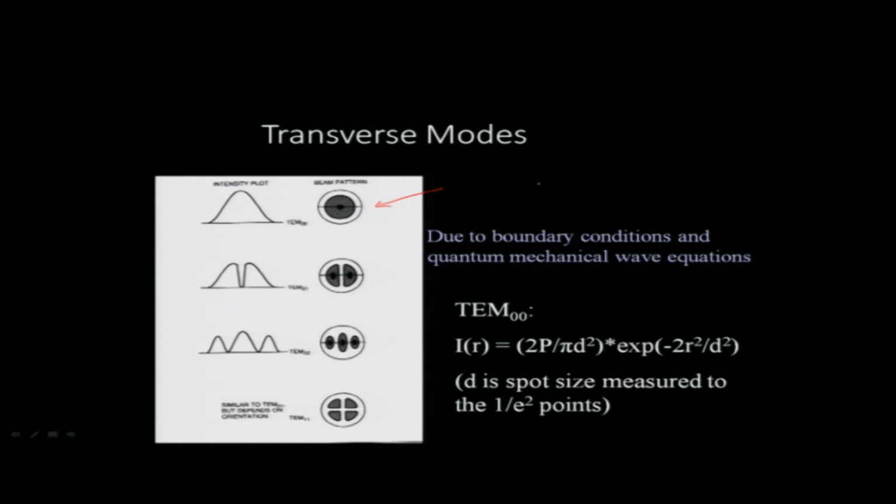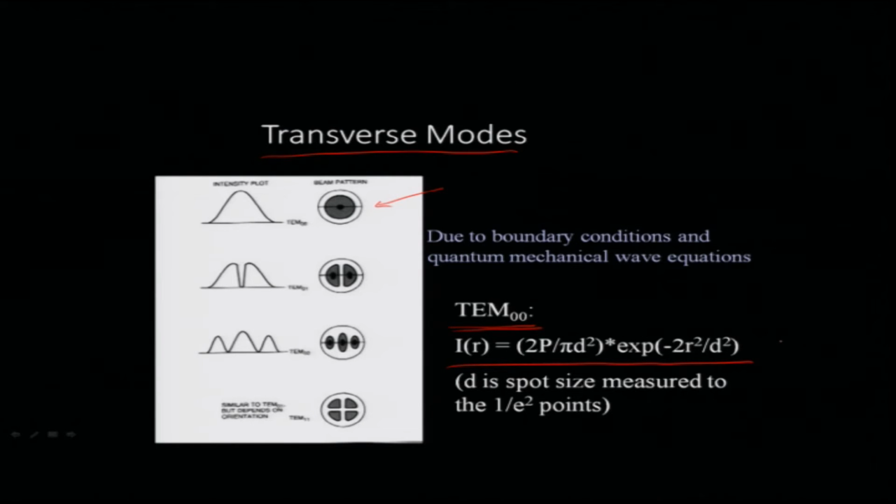And so, we have both transverse as well as the other one, the longitudinal modes, and the transverse modes are the ones we are after in terms of the laser. It is the TEM 00 mode, transverse electromagnetic 00 mode, which is the first one, which has the best Gaussian looking mode, and that is given as the intensity, which is given by this form.